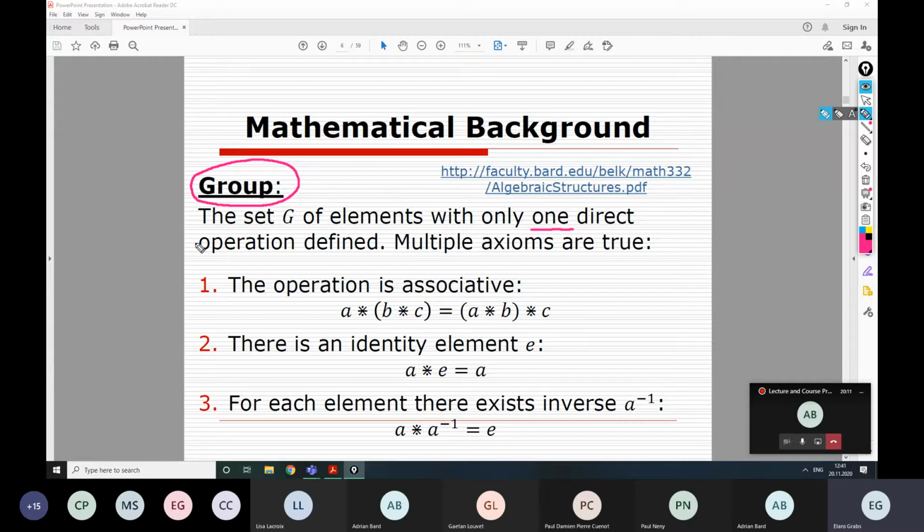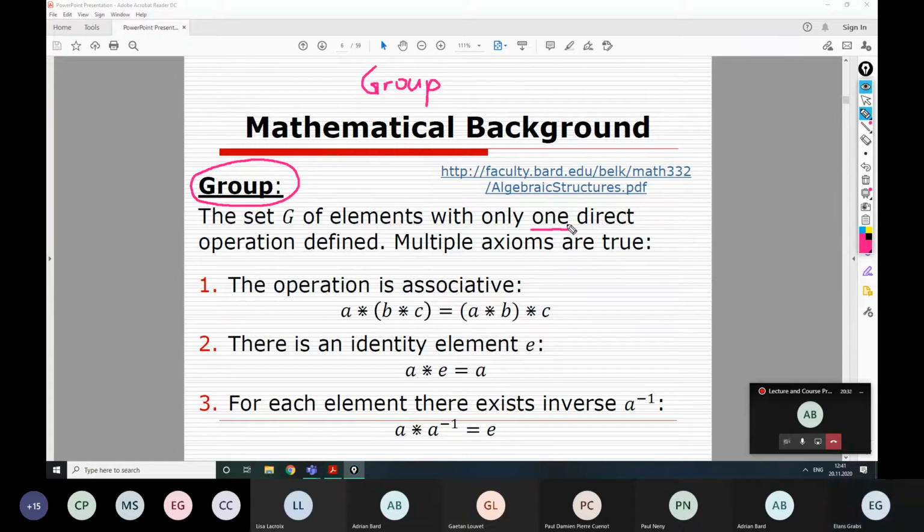But for today, we are good to go with just this basic group definition, which is also the basis for group codes. The group codes are named like this because they are based on the properties of these groups.